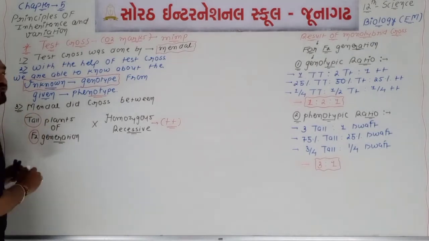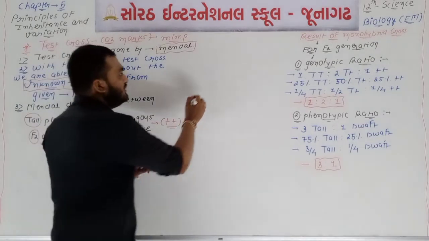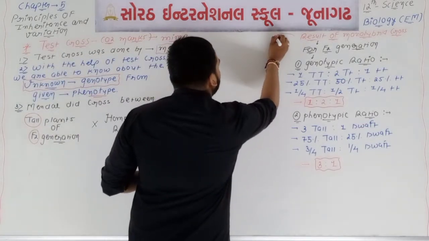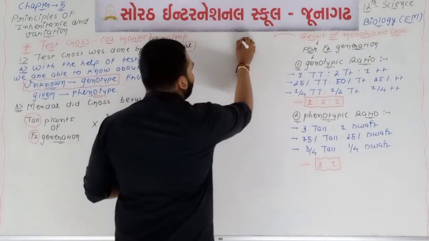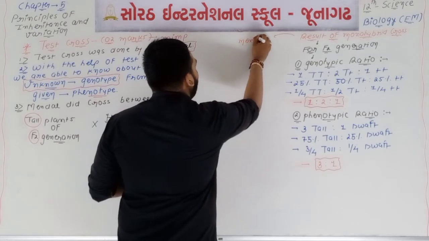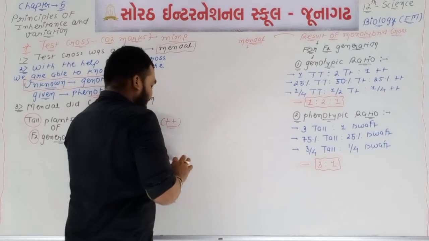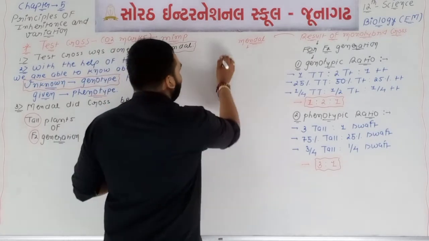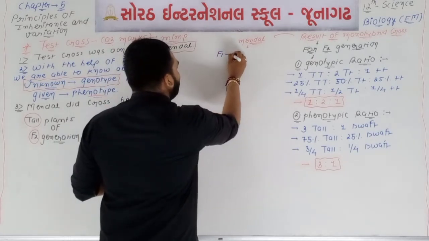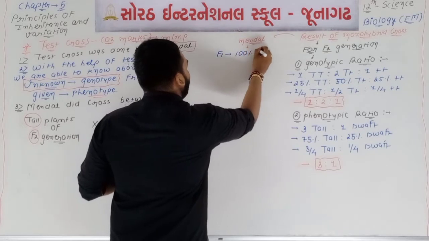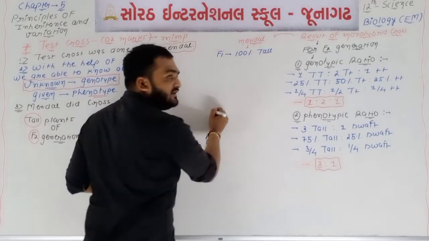Of F2 generation. Okay, so you know that if we talk about the result of the monohybrid cross observed by Mendel, Mendel observed that in F1 generation 100% tall plants were there, yes or no?